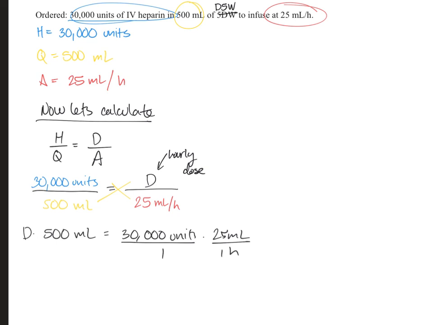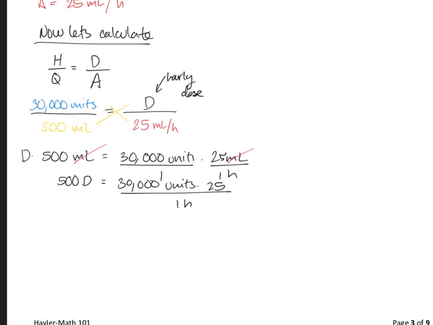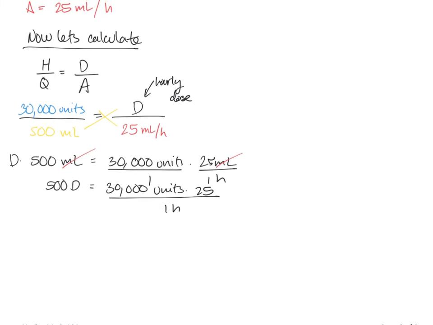So we can go ahead and cancel out the milliliter units there. We'll be left with 500D equals 30,000 units times 25 all over 1 hour. Dividing both sides by 500, we'll end up with D equals 30,000 times 25 units all over 500 hours.